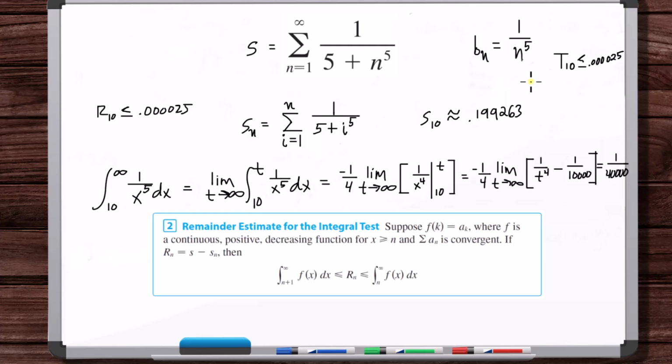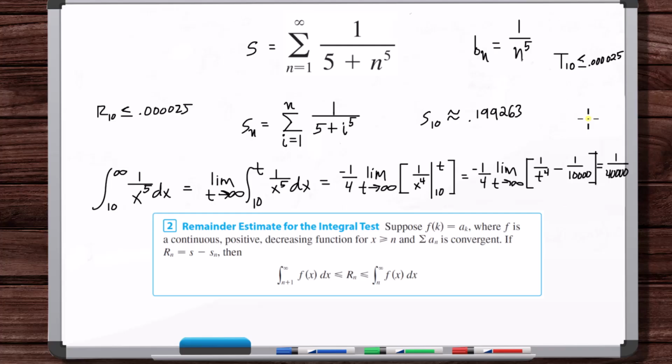Then you could use that to improve the remainder estimate, and I was thinking we could extend that improved t estimate here, and that would be an upper bound on this r. But looking at this more closely, I don't think we can do that.